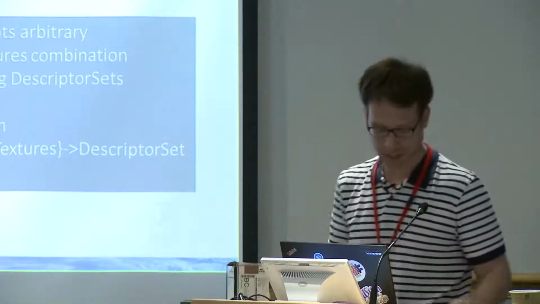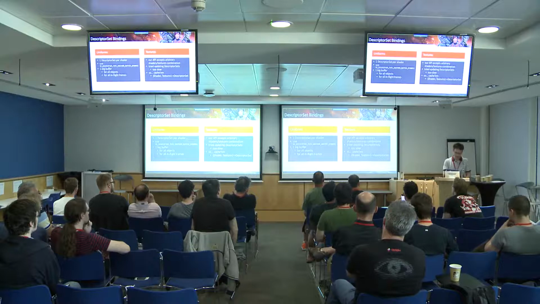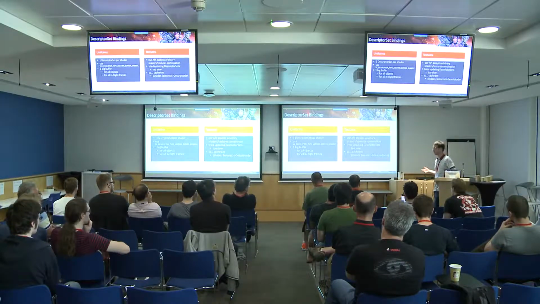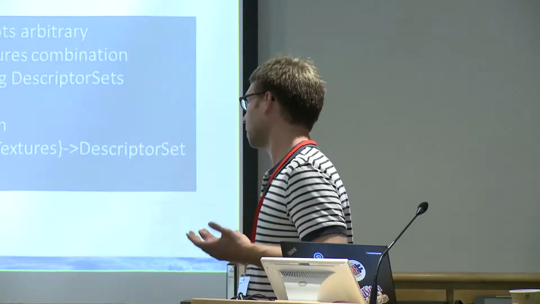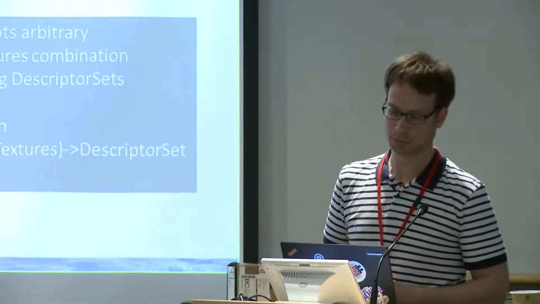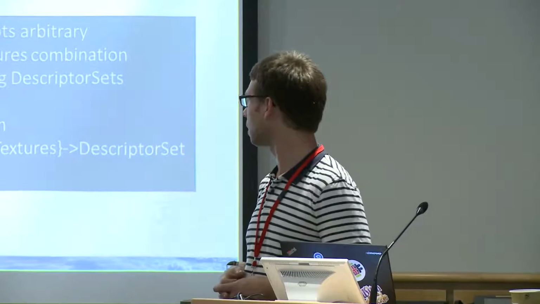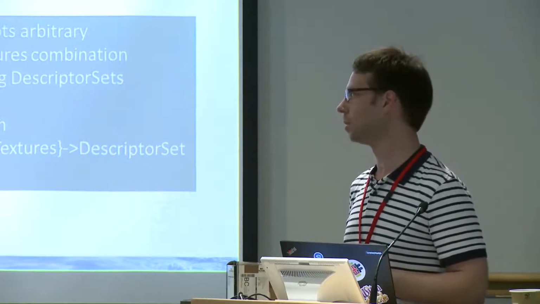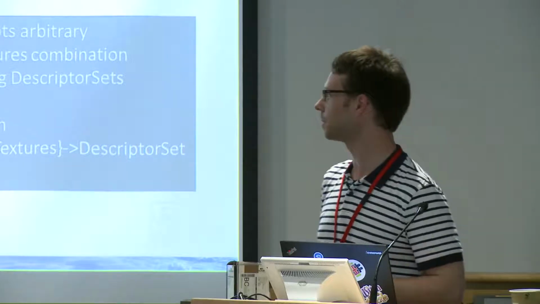So here you would also have to update the descriptor sets. What that also means, as I said earlier for the uniforms, is that you would have to somehow manage this, and that would mean barriers or fences or tracking what is still in use by the GPU. So what we instead use for our textures is that we try not to update them, but we try to reuse them instead.